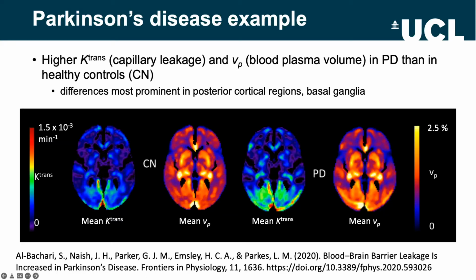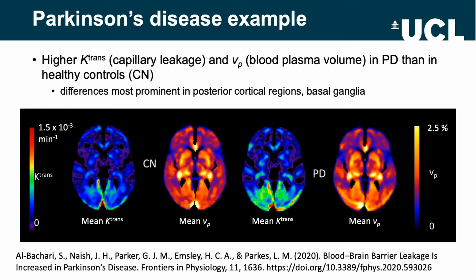Similarly, we're able to generate maps of blood volume from our control group. And if we compare that with the Parkinson's group, you can see that there is evidence of elevated leakage of the blood-brain barrier. So particularly in the occipital areas, we're seeing relatively high levels of K-trans, indicating that the capillaries that are present in these regions within the Parkinson's group are leakier than in the control group.